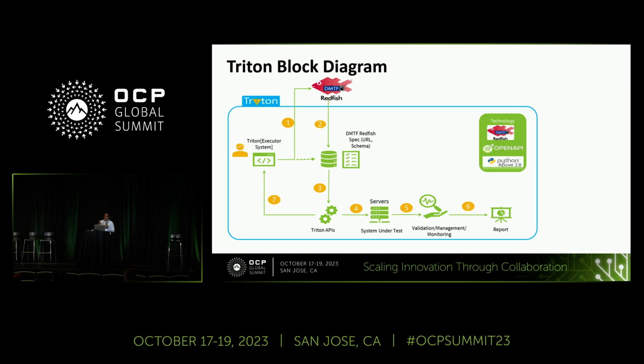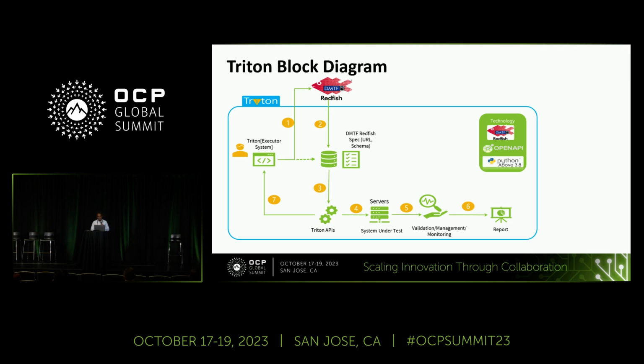Once you have downloaded, the next stage is the APIs. That's exactly what we have built as part of Triton, which reads the configurations of a set of servers, runs over the network, and tries to collect that information from the system under test. Eventually, this is given to the validation modules.